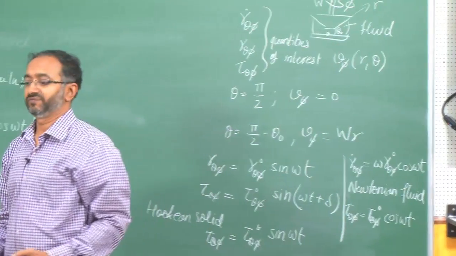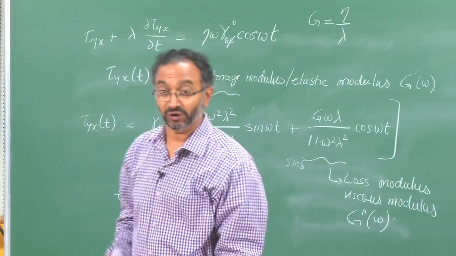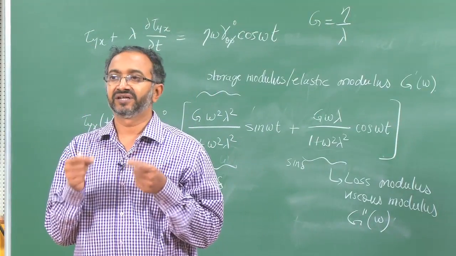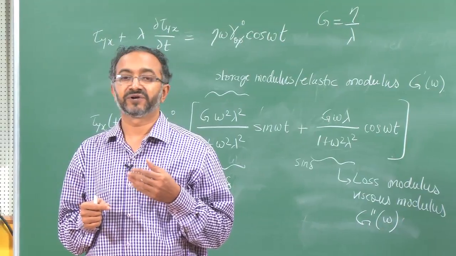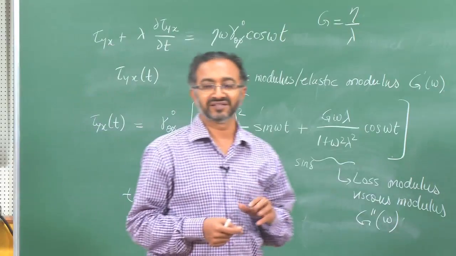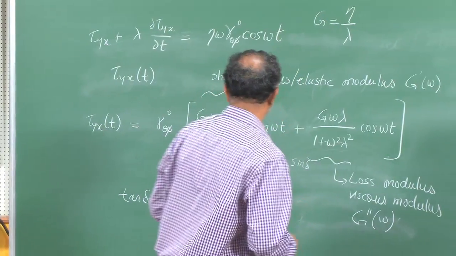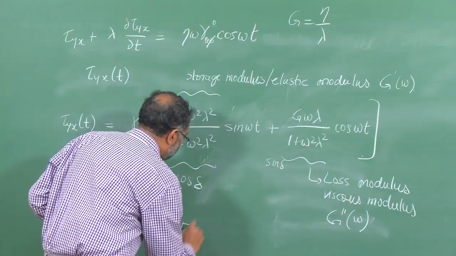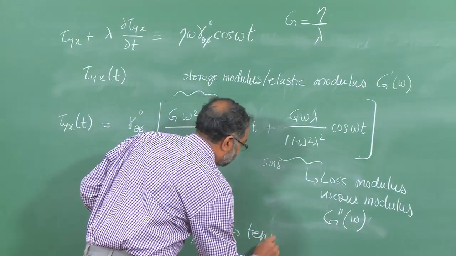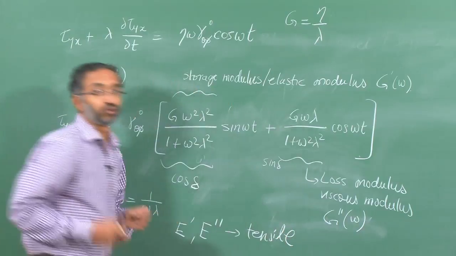In fact, for some experiments, especially for solid viscoelastic materials, you can also do tension easily. In that case many times they will refer to E prime and E double prime. This is a normally followed convention: capital E as a symbol is used for tensile mode of deformation.